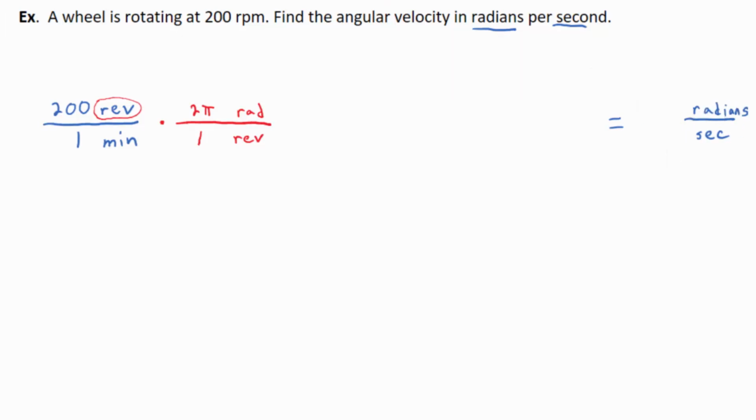But now we need to get seconds in the denominator and not minutes. So what's the conversion? We want minutes to cancel, so think about it like this. Minutes has to be on top because minutes over here is on the bottom, right? So it's got to be minutes to seconds.